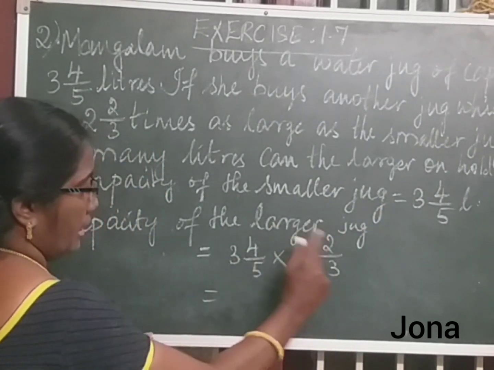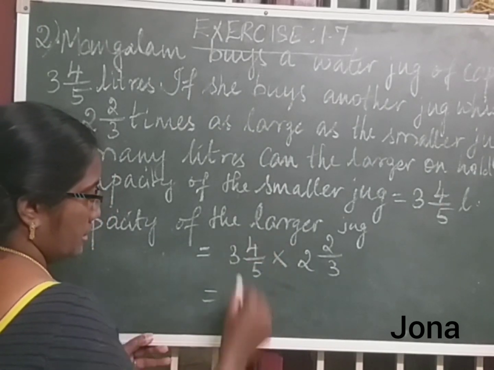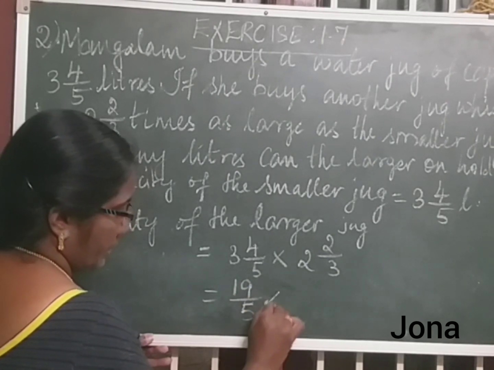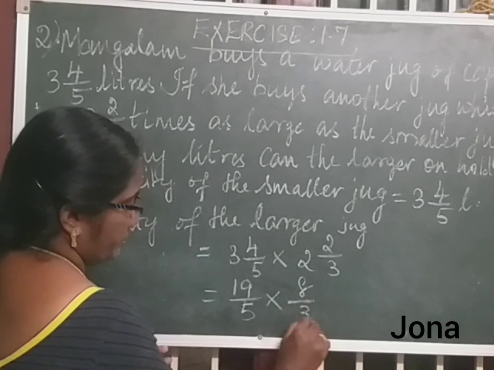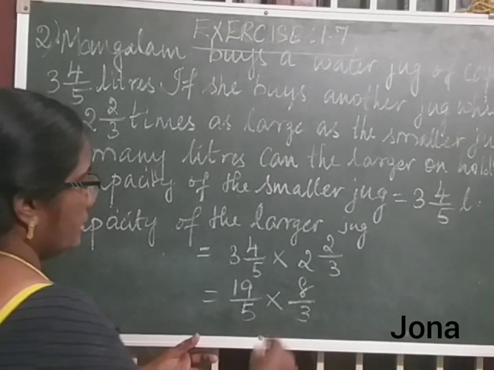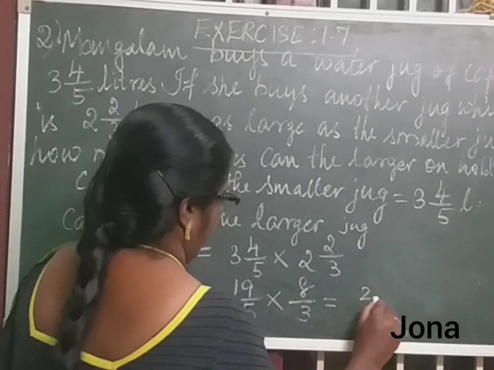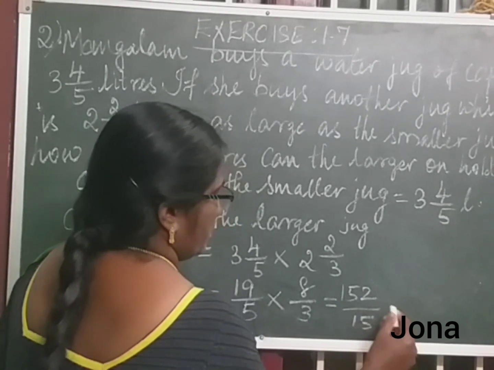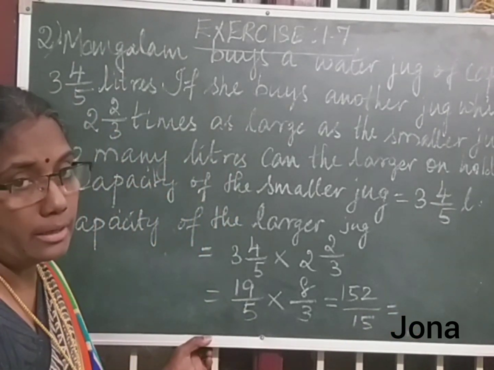I want to convert this into an improper fraction. So 3 4/5 is 19/5, and 2/3 is 2/3. Then I want to multiply both, so 38 by 15, and then I can convert this into a mixed fraction.